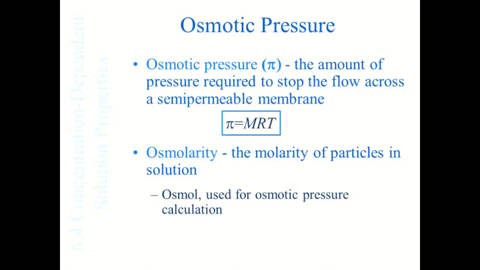This M is not molarity. That's the problem. You remember the big M? That's not the big M, people. That is osmolarity, which you have to calculate, by the way. R is the gas constant, and T is temperature, so all that's good. But the osmolarity is not the same thing as molarity.